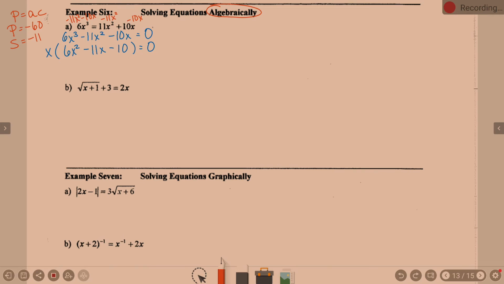Which pair is possibly going to work? I think 4 and 15 were the only ones that had a difference of 11, weren't they? Okay. How do you multiply to get negative 60 and add to get negative 11?